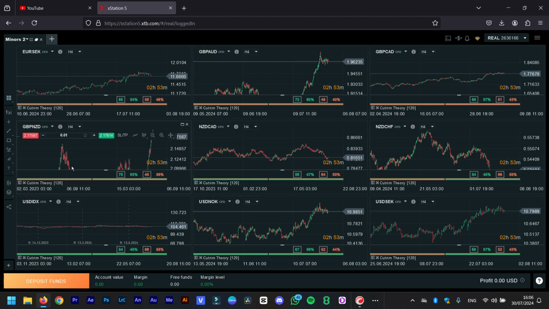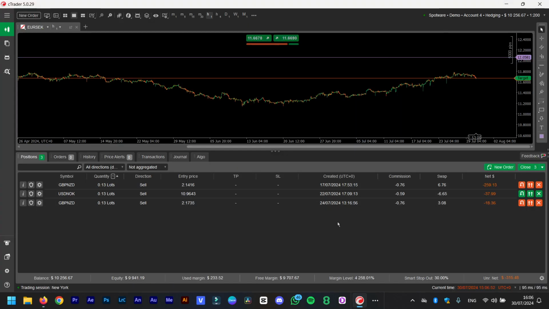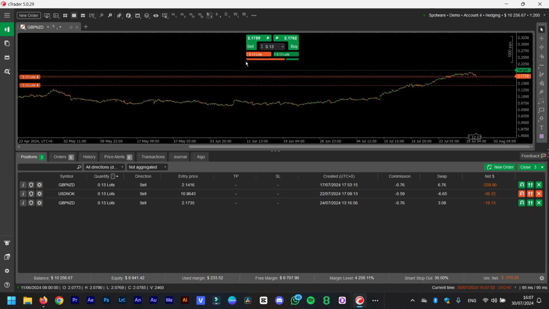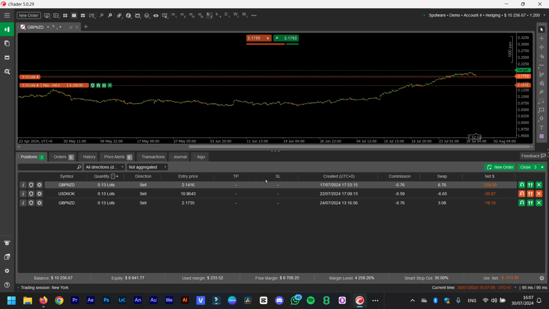So I'm gonna try and sell GBP NZD. Okay, we're gonna try and sell GBP NZD. And I'm gonna sell 0.10. Actually, we do have GBP NZD already. We've already placed a trade here.